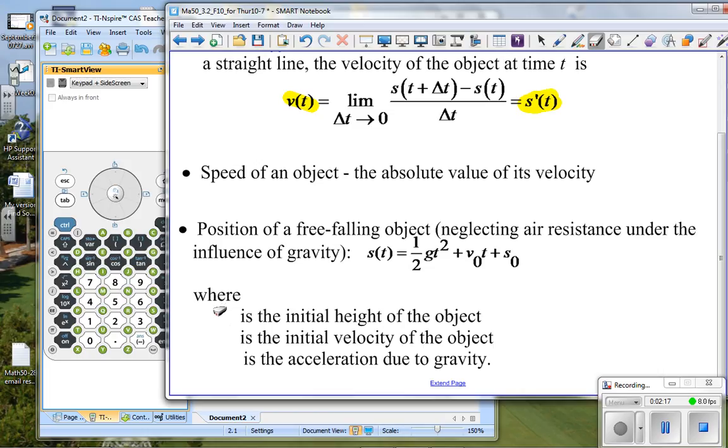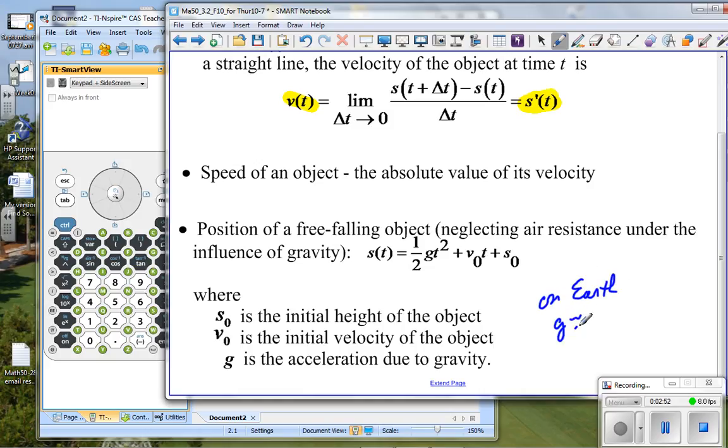If we're looking at the initial height of the object, so I'm going to drop this object from a 10-foot height, then s sub 0 is what we use for that. I'm going to give it a little bit of thrust, velocity at the beginning, so v sub 0 is the initial velocity, and then the acceleration due to gravity is g. We're going to be given that value, and we're going to be talking about on Earth.